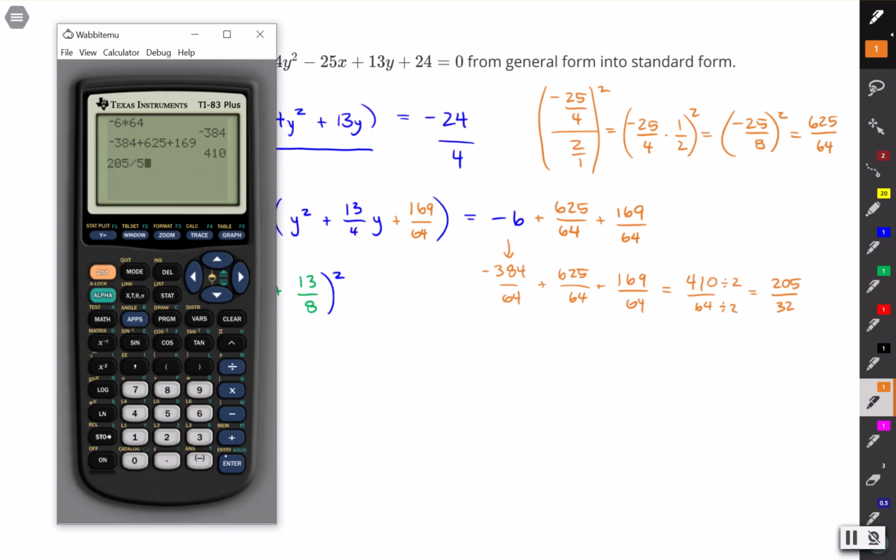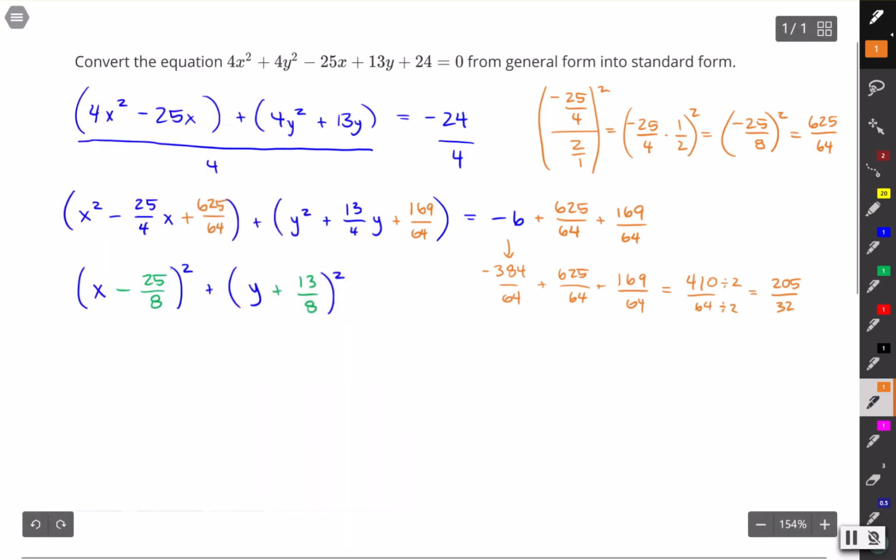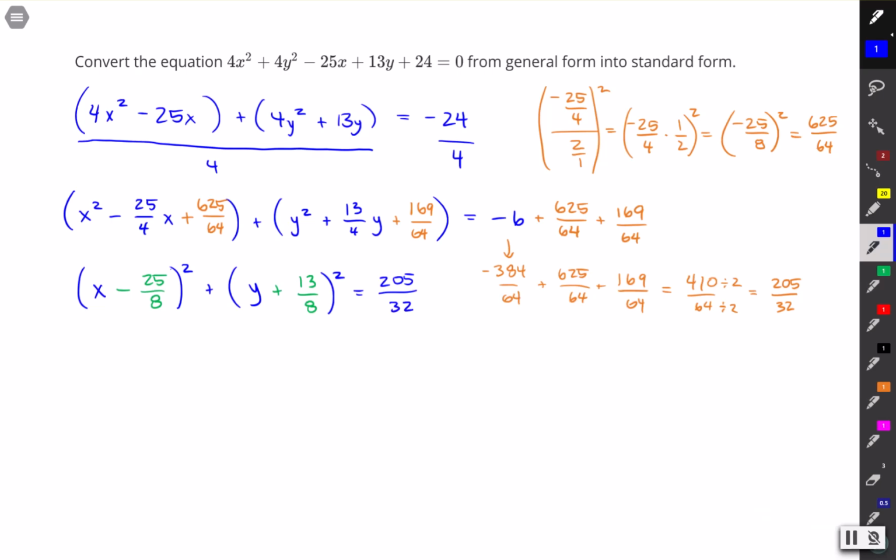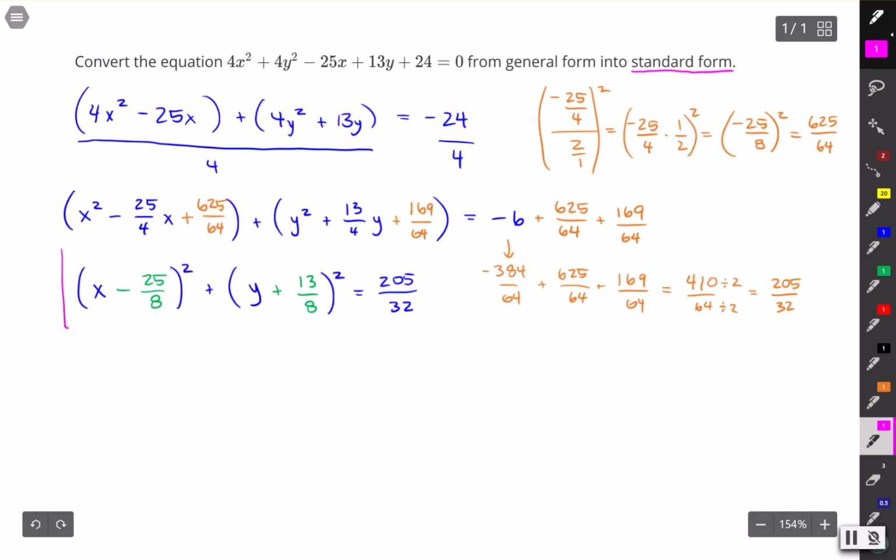I'm sorry, I'm just thinking out loud here. Yeah, so it's not going to reduce any further. So that is my reduced fraction. So this equals 205 over 32. So at this point, we have our final answer in standard form, which is what's requested. So this is what we can provide as an answer.